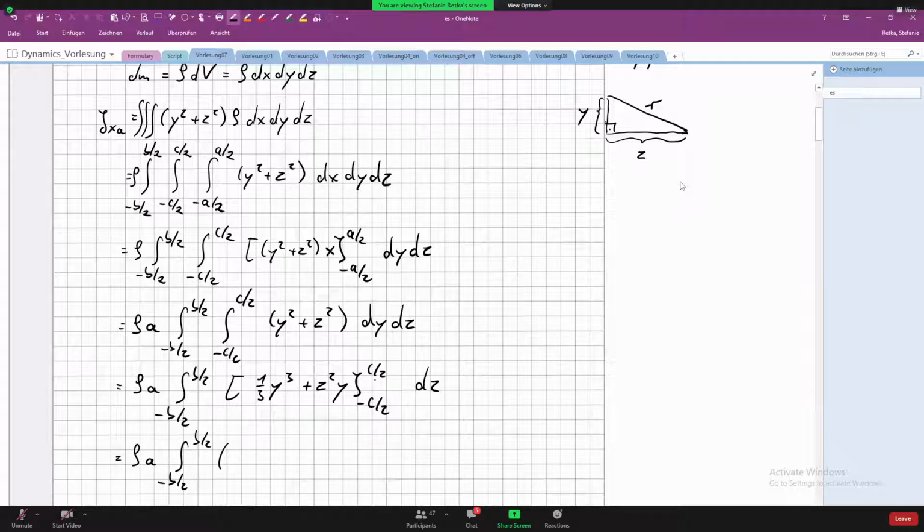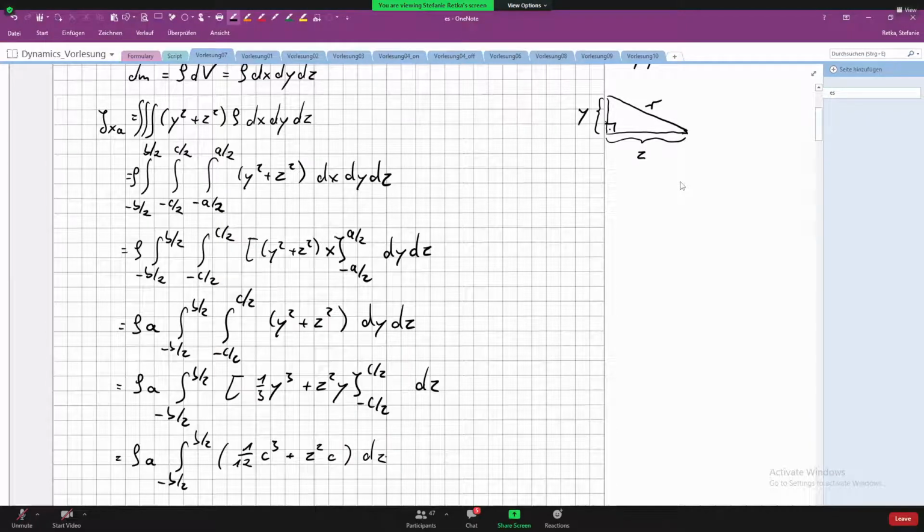Then this is 1/12, plus z squared times y, and this is z squared times c. C half plus c half is c. dz.